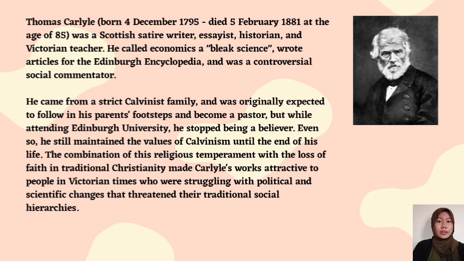But while attending Edinburgh University, he stopped being a believer. Even so, he still maintained the values of Calvinism until the end of his life. The combination of this religious temperament with the loss of faith in traditional Christianity made Carlyle's work attractive to people in Victorian times who were struggling with political and scientific change that threatened their traditional social hierarchy.